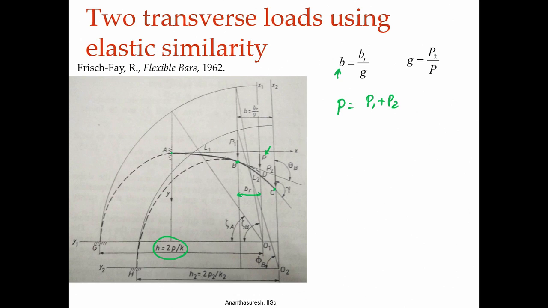It is a lot of geometric construction, and for each of that there is an equation. What he is saying is that if you want to know the profile from A to B, you should have the total force P1 plus P2 put at a distance BR, such that the moment felt here is P2 times the distance from here to here which is B. Okay, that is how he puts that.